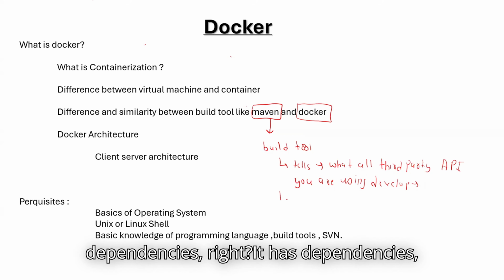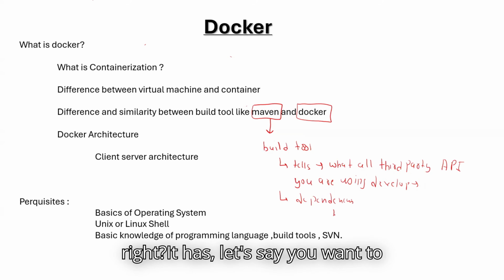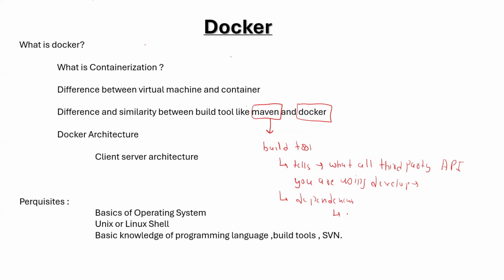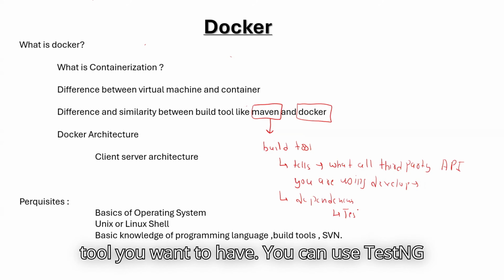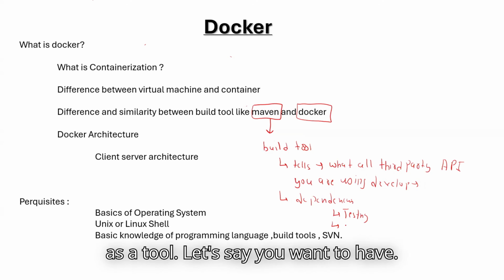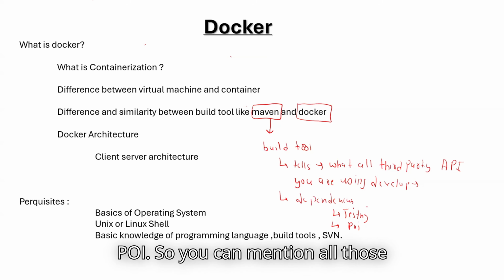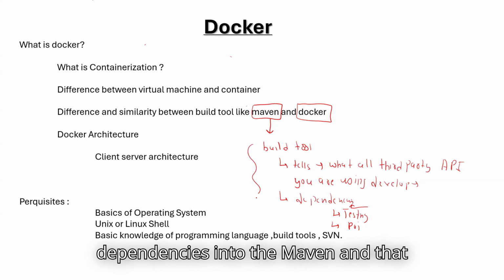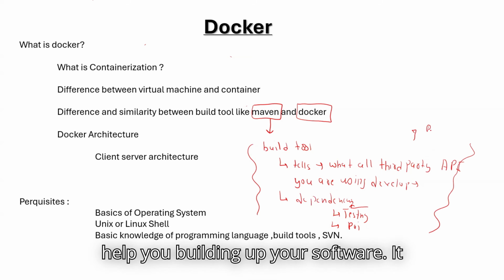Maven has dependencies, right? Let's say you need to have TestNG as a tool, you can use TestNG. Let's say you want some other third party API, POI. So you can mention all those dependencies in Maven, and those dependencies will help you build your software.